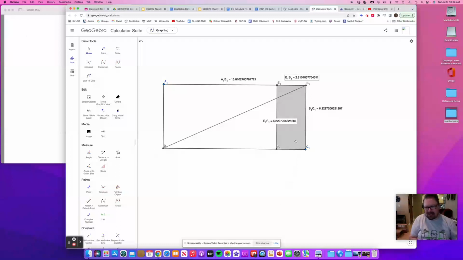And my new rectangle, this grayed out one, is the reciprocal of my first one, ABCD.